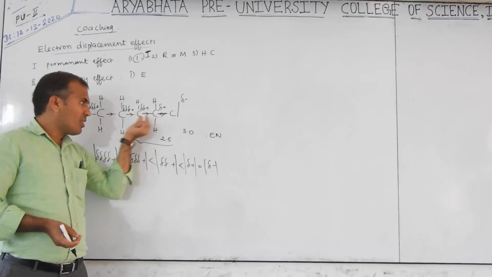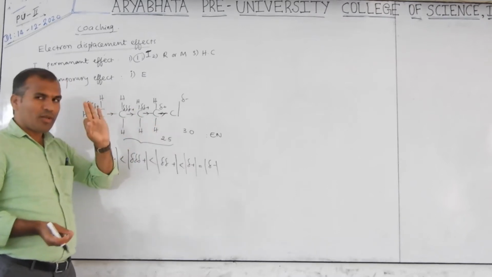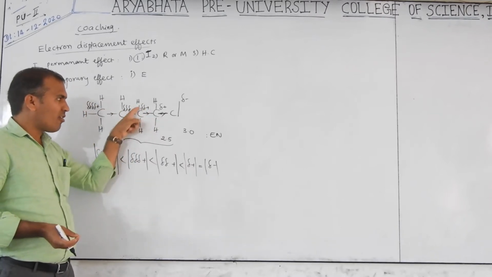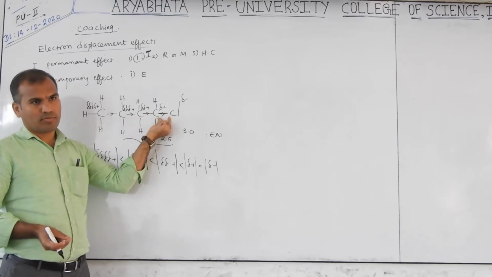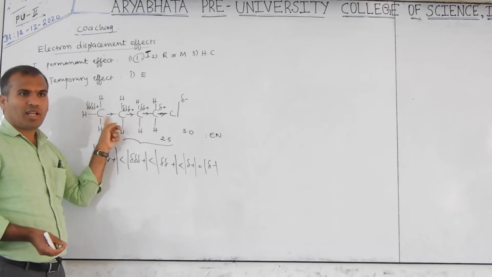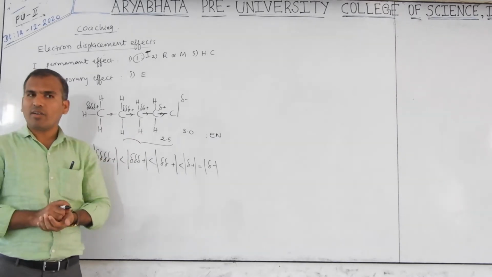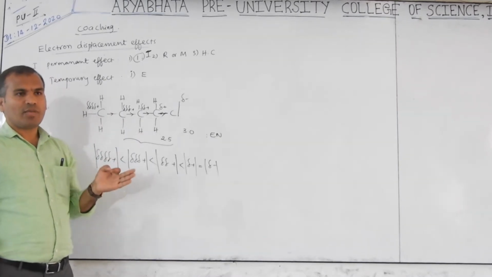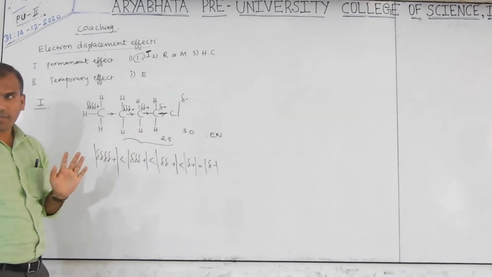Due to this bond, the adjacent bond is also polarized. Carefully observe: polarization of a sigma bond by an adjacent polarized sigma bond. This is polarized due to this, but it is very less polarized due to distance dependence. What is the inductive effect? Polarization of a sigma bond by a polarized sigma bond. That is called inductive effect.